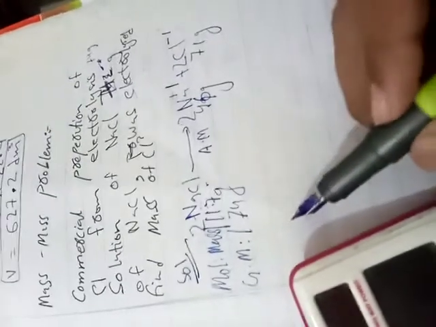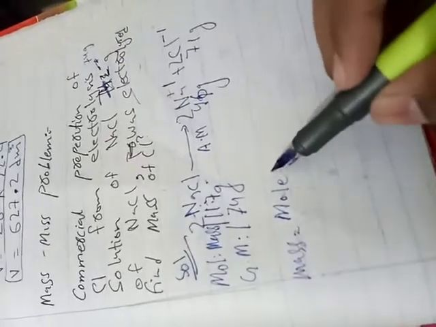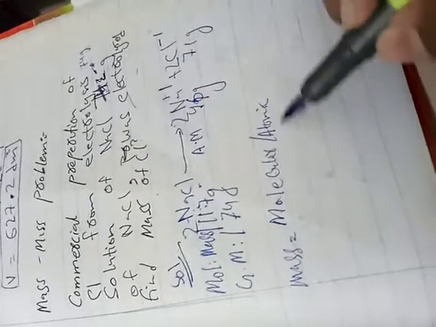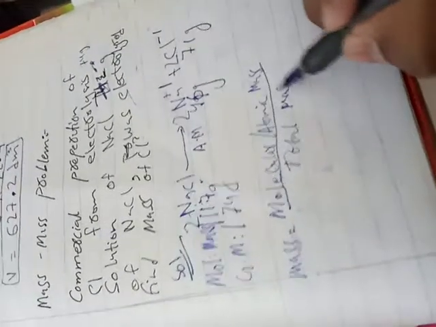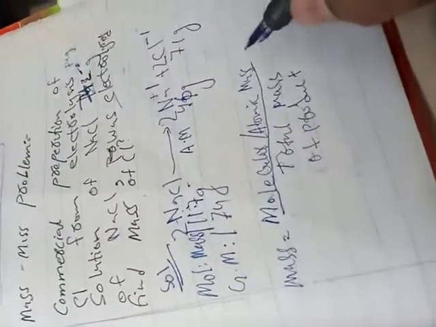First we have to look at the formula: to find the mass of anything, mass equals molecular or atomic mass divided by total mass of product, multiplied by given mass. This is the simple formula to find the mass of anything.